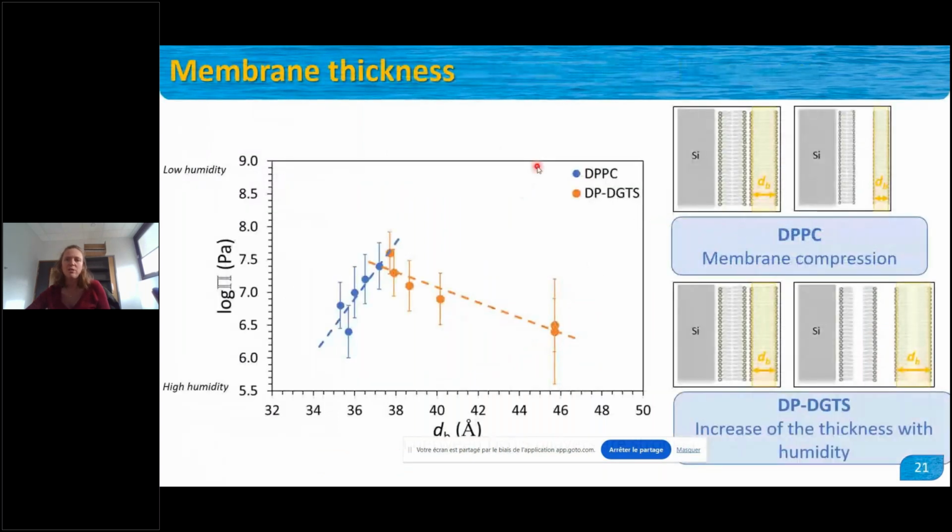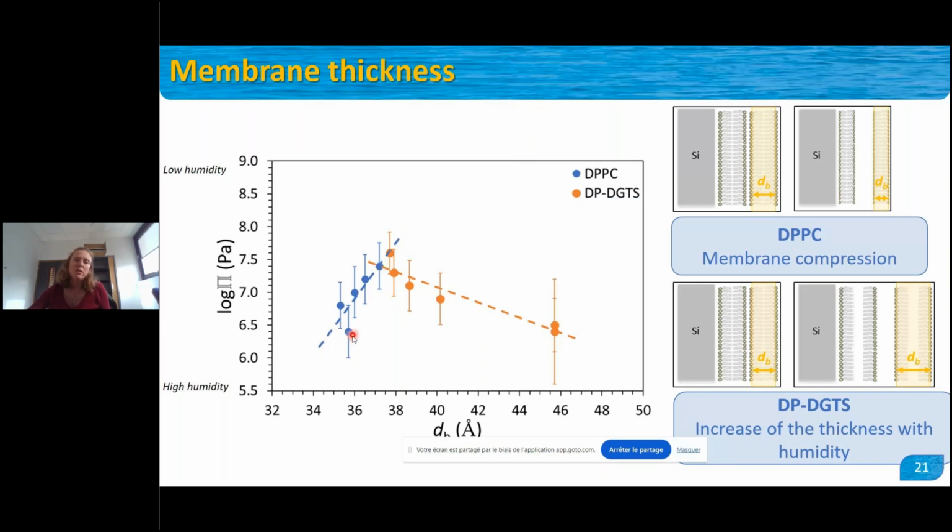Okay, that's one piece of information. Then we wanted to see what's going on with the membrane, the bilayer thickness of DGTS versus DPPC. Normally, upon hydration, you should have a small decrease of the membrane thickness, 1 or 2 angstroms, because the fatty acids organize better with water, and that's what you see with DPPC.